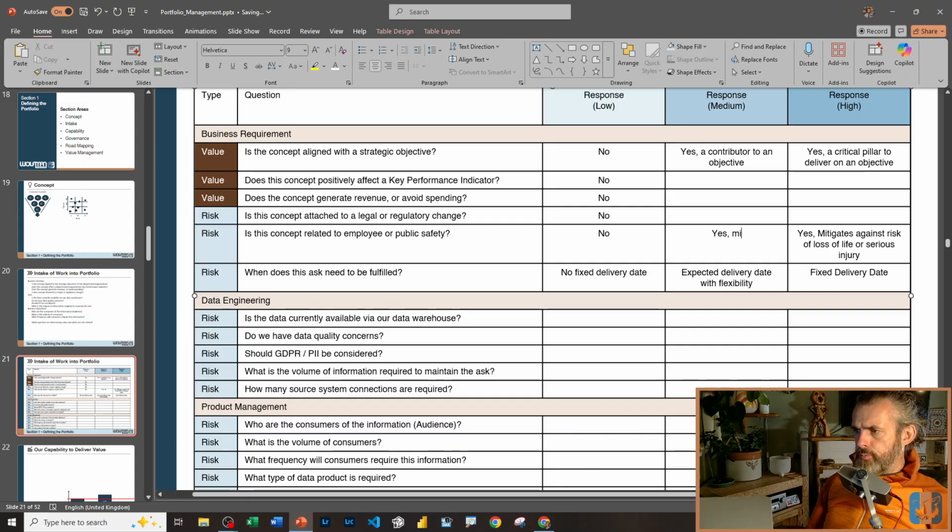Mitigates against risk of loss of life or serious injury. So what's the medium one on this?